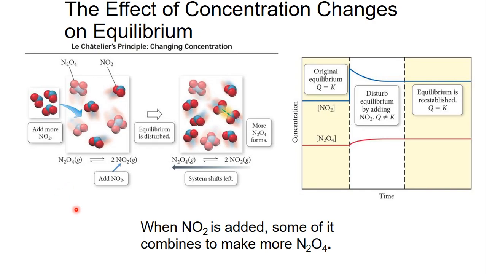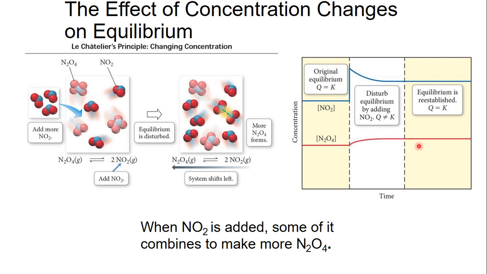And here are some pictures of Le Chatelier's principle in action. We have N2O4 going to 2 moles of NO2, and it's reversible. If we add more NO2, which is shown on this graph, the system will respond by making more N2O4 until equilibrium is reestablished.